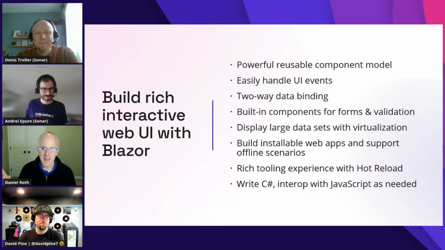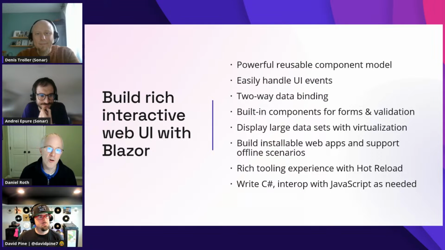Blazor is based on a powerful reusable component model that you can use to easily handle UI events, render updates, and set up two-way data bindings. It comes with lots of built-in components for things like forms and validation and displaying large virtualized data sets. There are also great readily available Blazor component libraries from the .NET community.